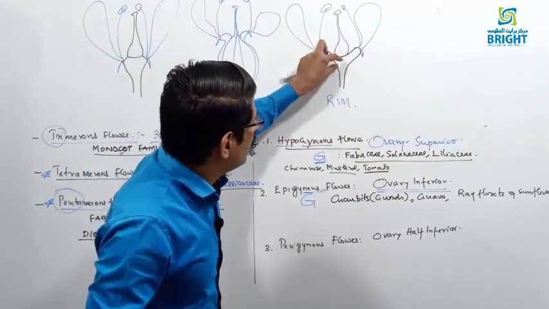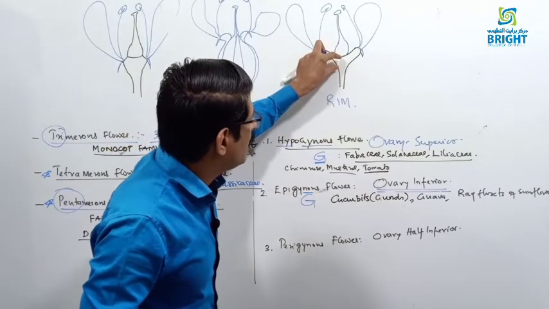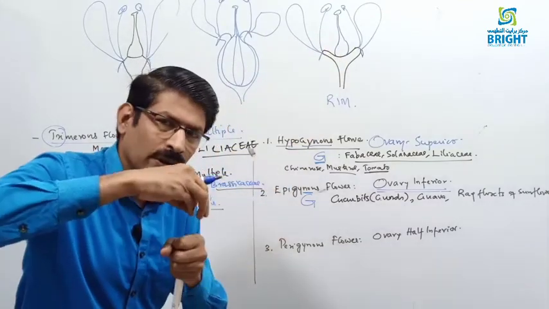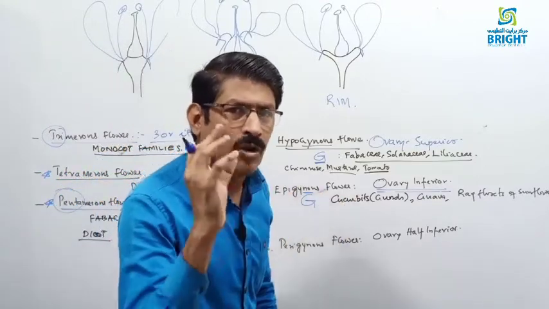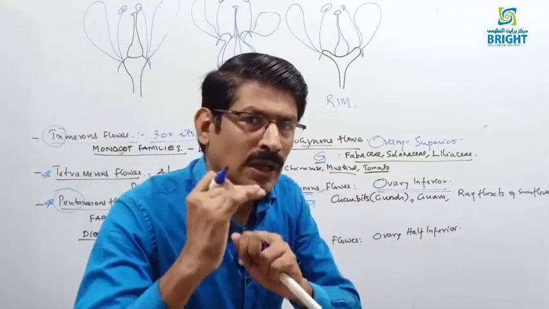So the thalamus has a discoid shape and the ovary occupies the center of the thalamus and all other floral parts are around it on a rim at almost the same level.